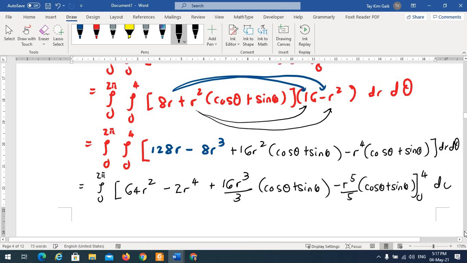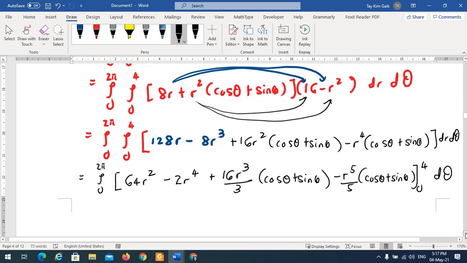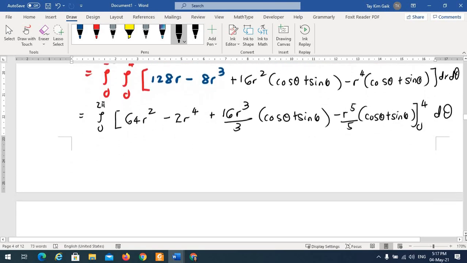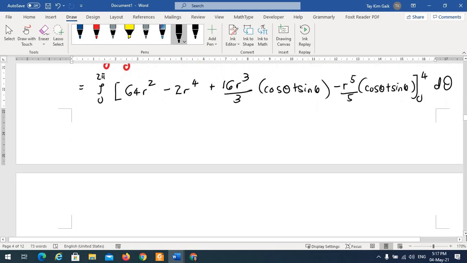Then lastly substitute the limit, and lastly integrate with respect to theta. So plug in 4. So 4 squared is 16.